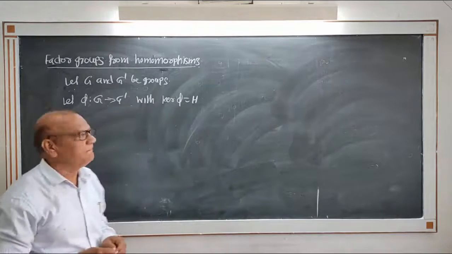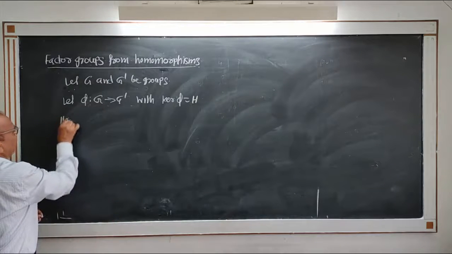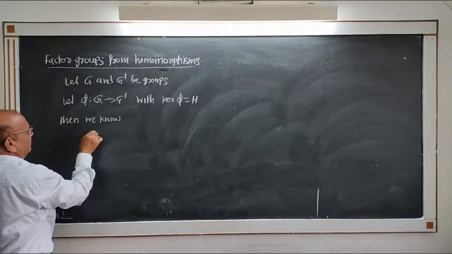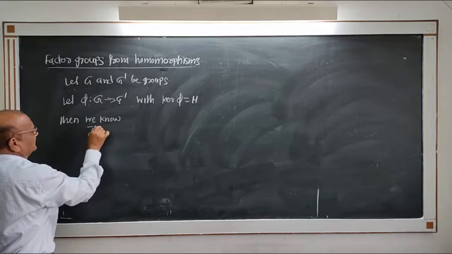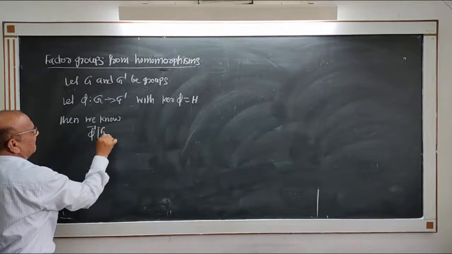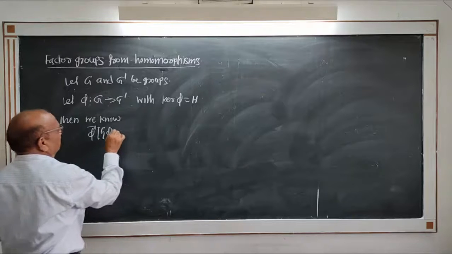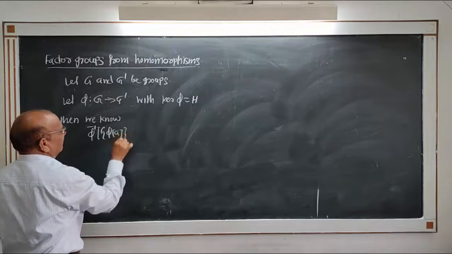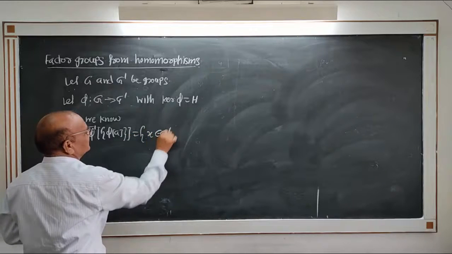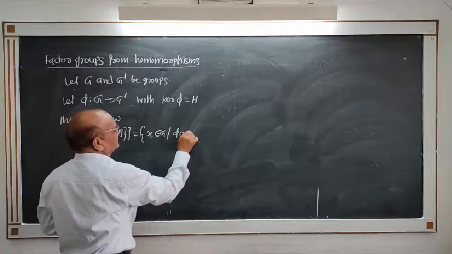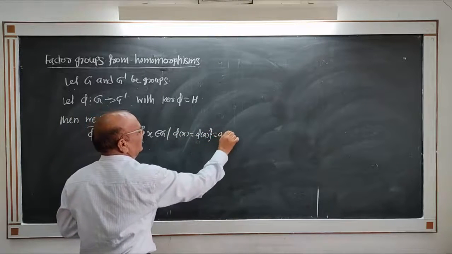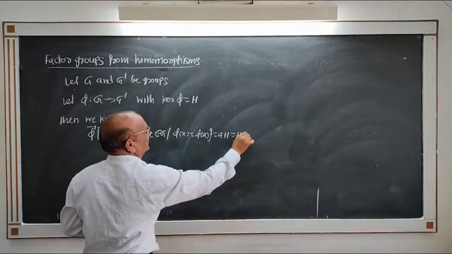Then we know phi inverse of phi of a is equal to the set of h belonging to G such that phi of h is equal to phi of a, and this is equal to aH and Ha.